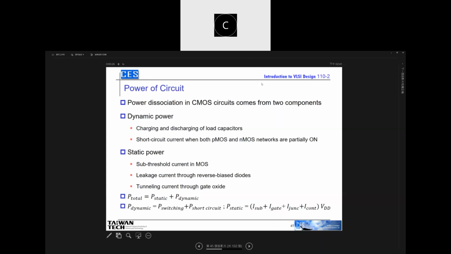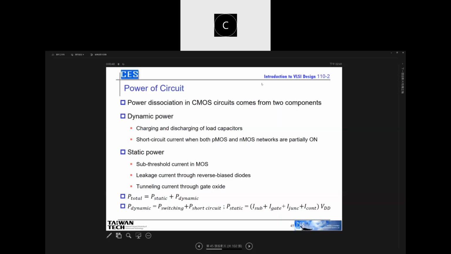Okay, so in this chapter, we talk about the performance of the circuit. We typically have two parts in this chapter regarding the performance of the circuit. The first part was the speed or the delay.